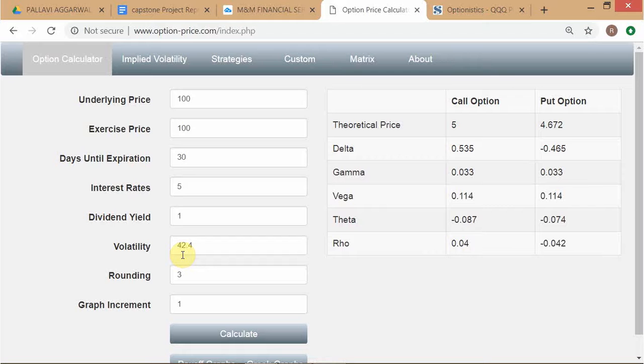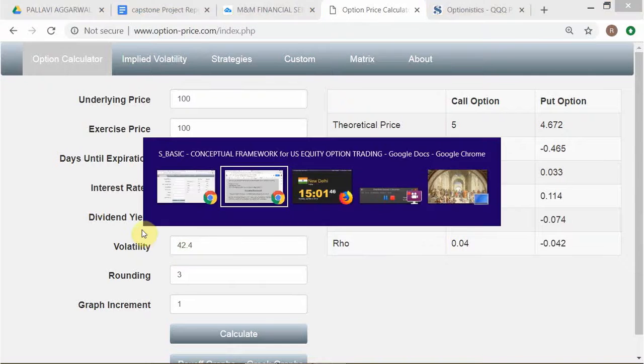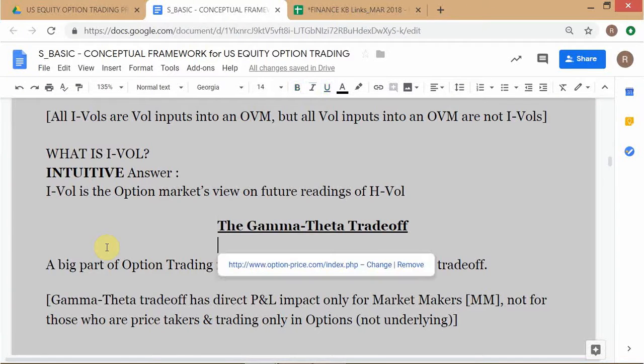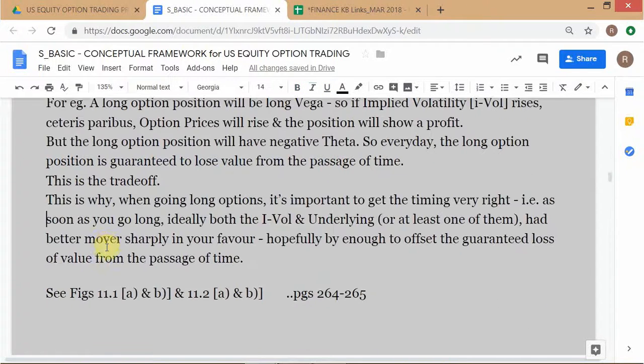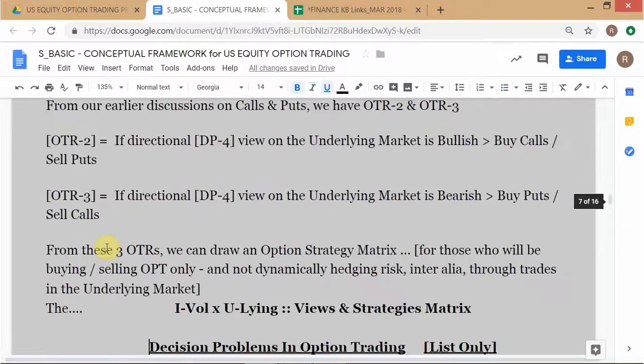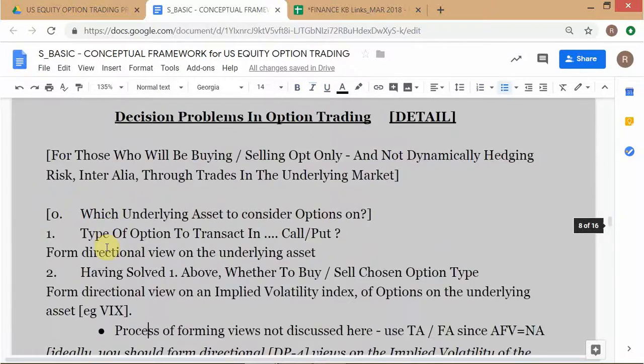And for that period you will then do the H vol calculation, which is given in your Hull Basu book, which is the standard way of doing H vol calculation.